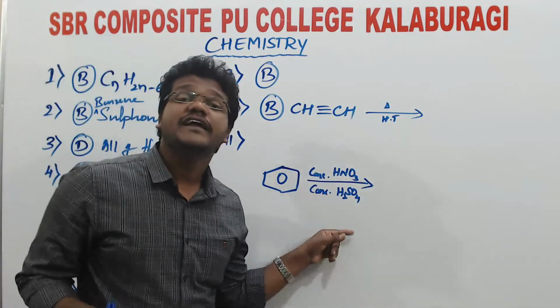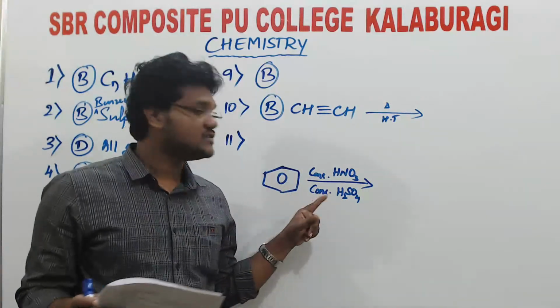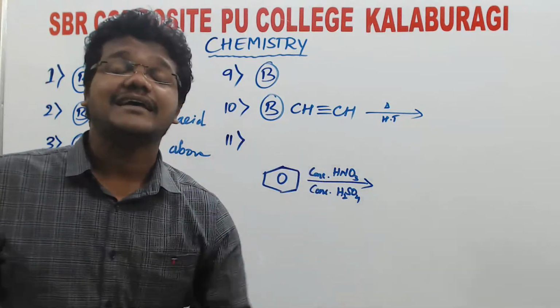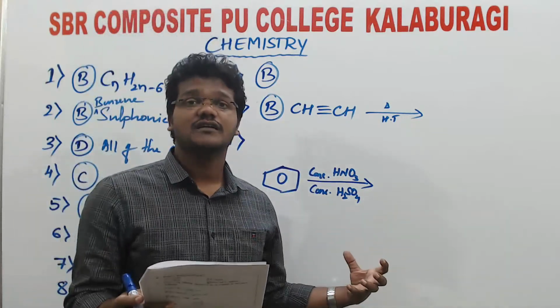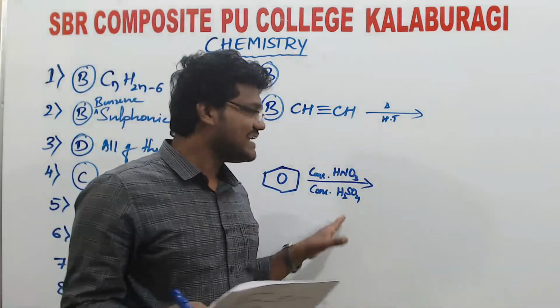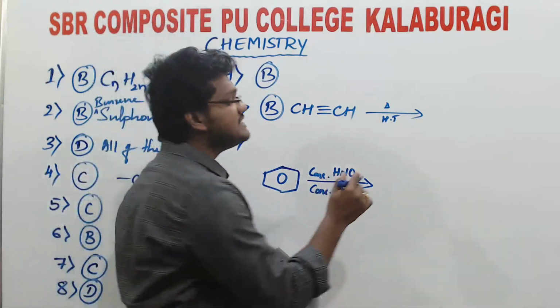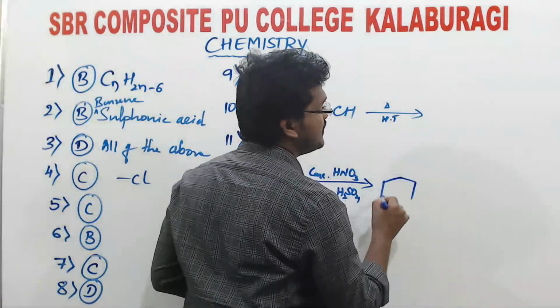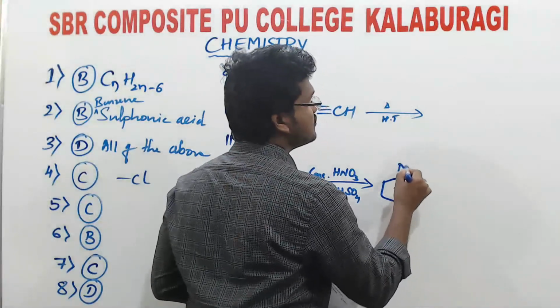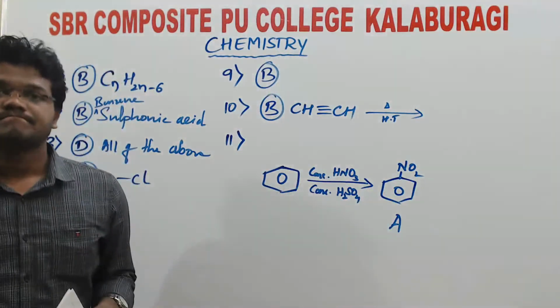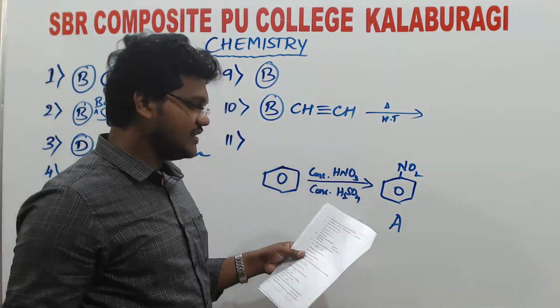These two are nothing but nitrating mixtures. They produce NO2 plus as an electrophile. That NO2 plus electrophile will attack benzene, and benzene is going to become nitrobenzene. So this is my A, according to the reaction sequence.